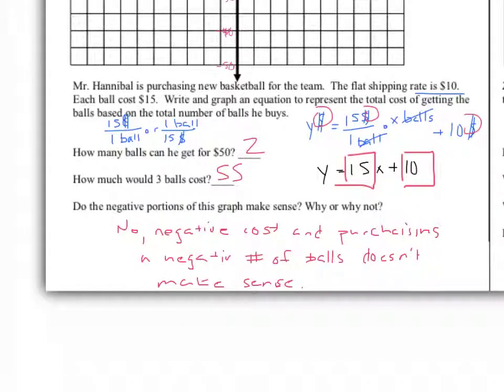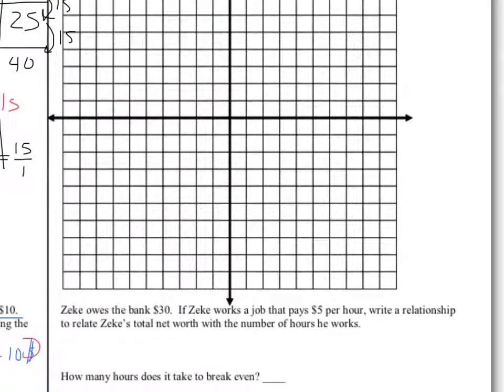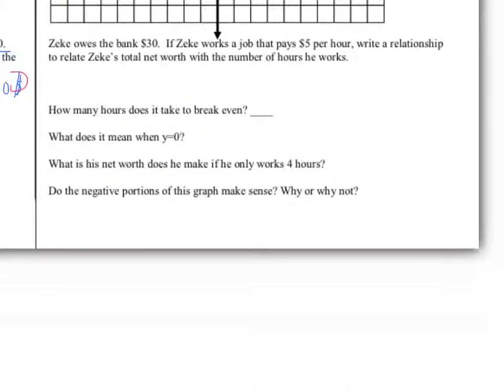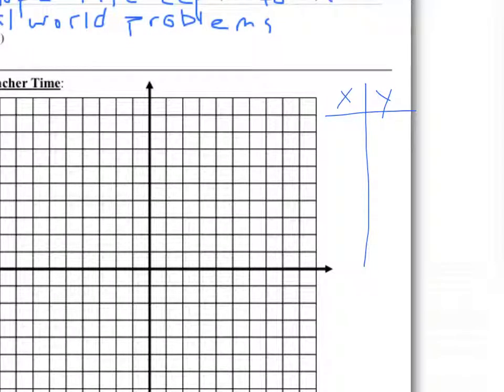All right. So let's look at the next one. We can start with the T-chart on this one, and if he works 0 hours, what is his net worth? Negative 30, because he owes the bank $30. All right? Now, if he works 1 hour, he's going to gain $5, which means that his net worth is going to be negative 25.